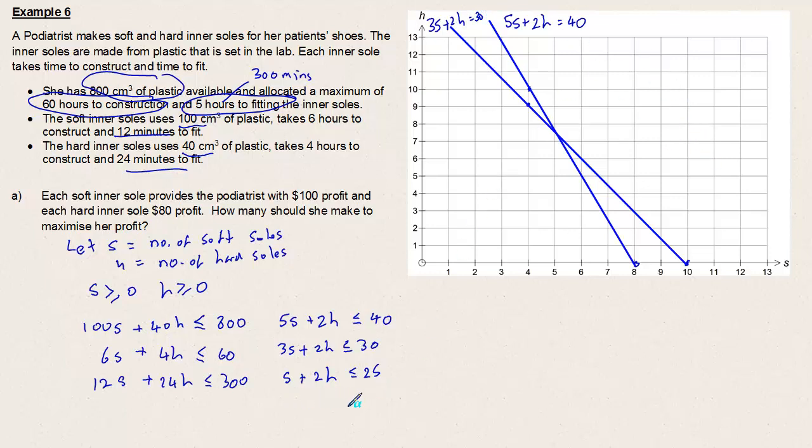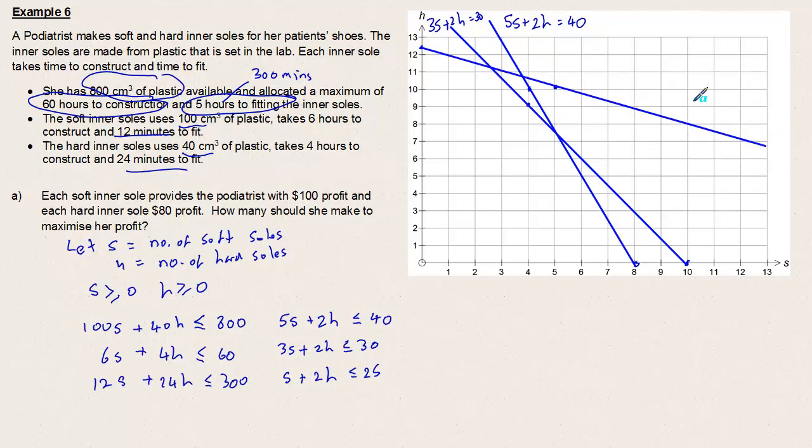And then finally, S plus 2H is 25. So if S is 0, H is going to be 12.5, which is just here. Now, once again, we haven't got S equals 25 over here, so let's take, say, H is 10, and then S would be 5, so it's going to go through this point here, like so.